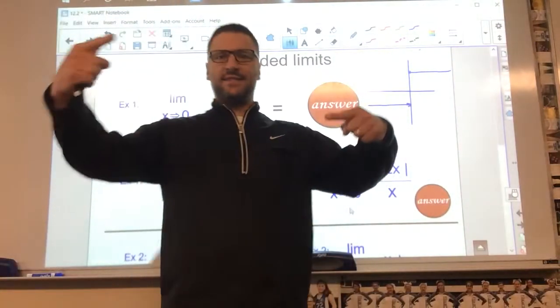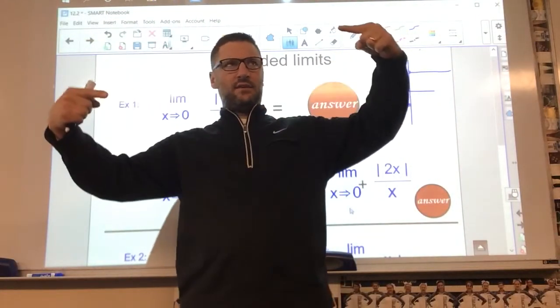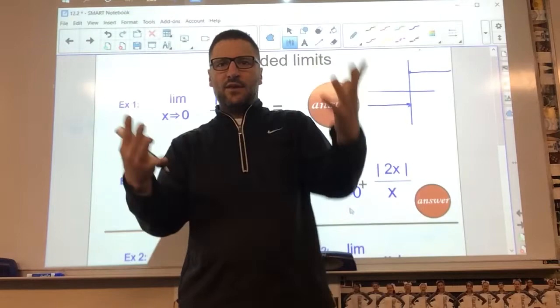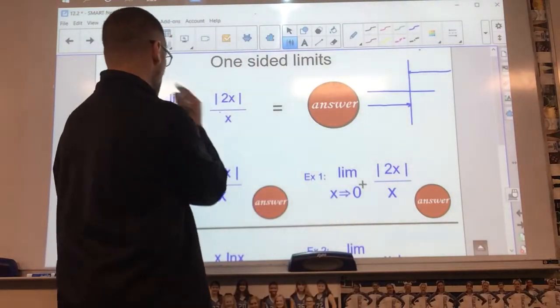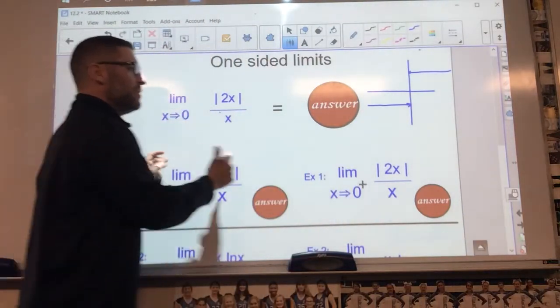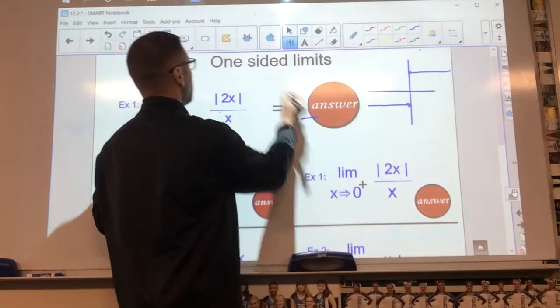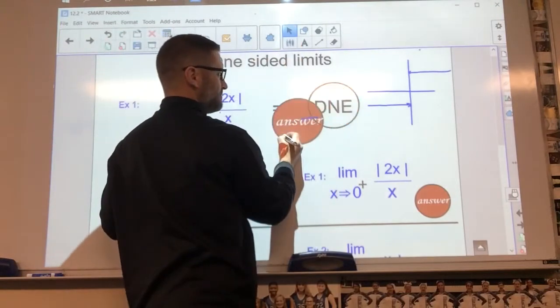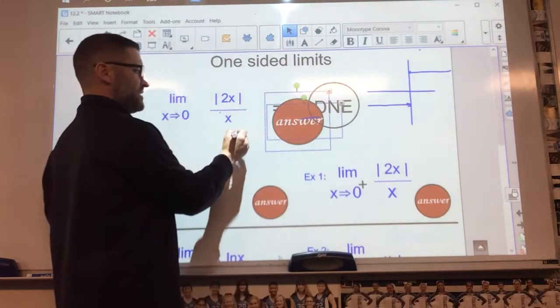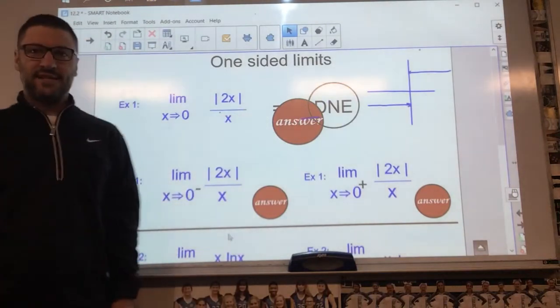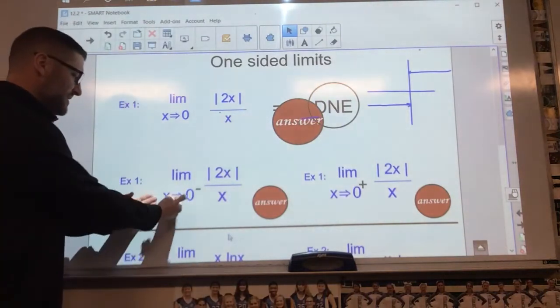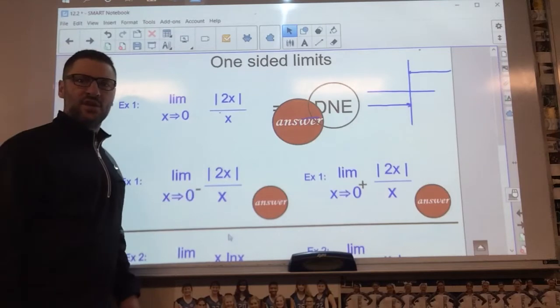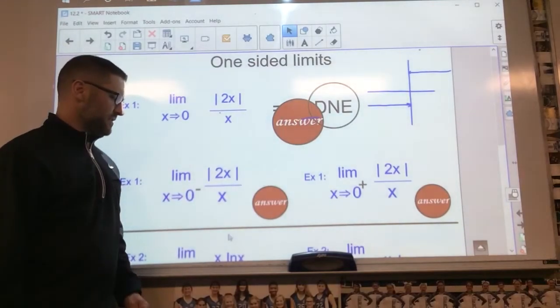At 0, these two lines are coming in and they don't meet. So what is the limit at 0? Well, the limit does not exist, DNE. We have a limit there that does not exist, but what this is saying is what happens close to 0 on each side of 0.